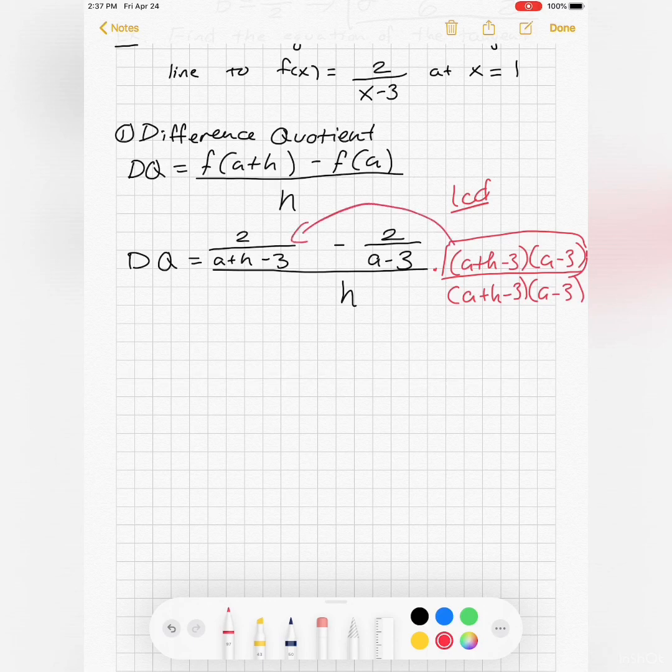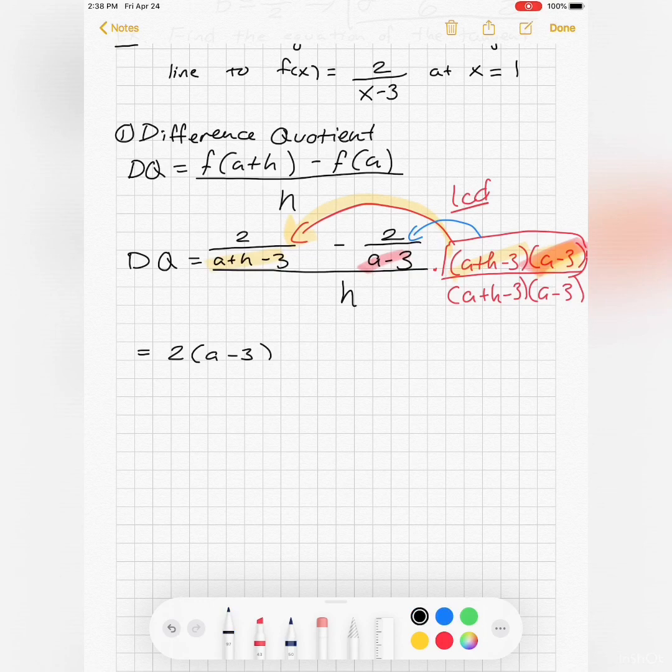Okay, then I distribute. When I distribute to the first fraction, the a plus h minus 3 is going to cancel. So what I'll be left with is the 2 and then the a minus 3 from over here. Then when I distribute to the second fraction, the a minus 3 is going to cancel.